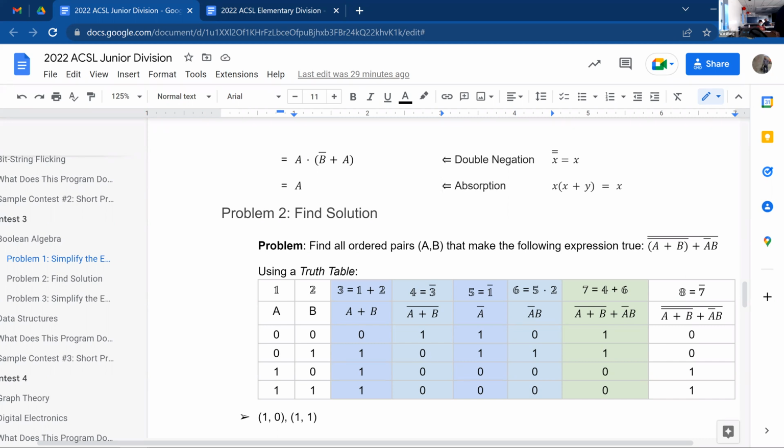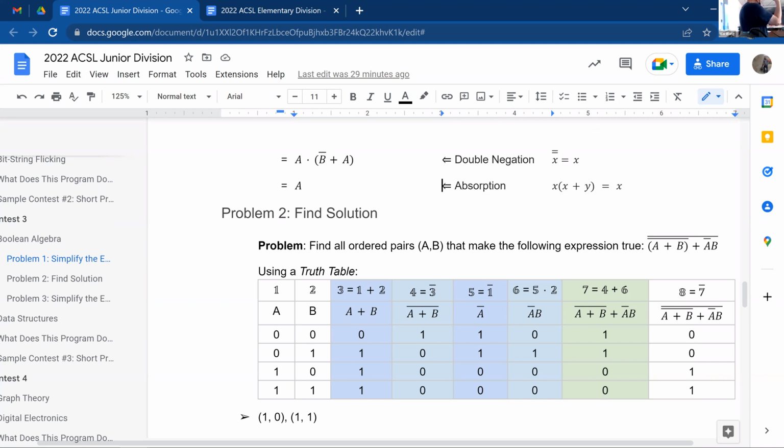A and B can each have either 0 or 1 as the value, right? A Boolean variable has two values. That we established, right?